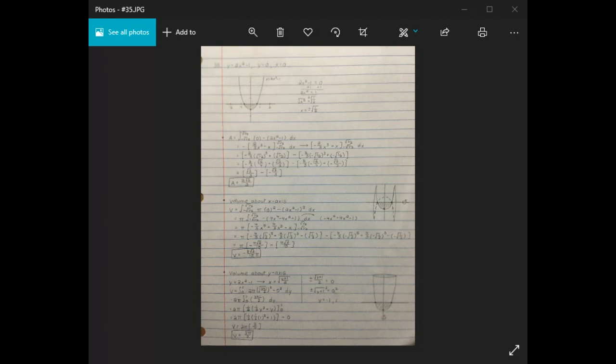Then I found the antiderivative, which is 1/2 times half y squared plus y. Then I substitute the y values 1 and 0 for y, and I got 2 pi times 3/4, which is a volume of 3 pi over 2.